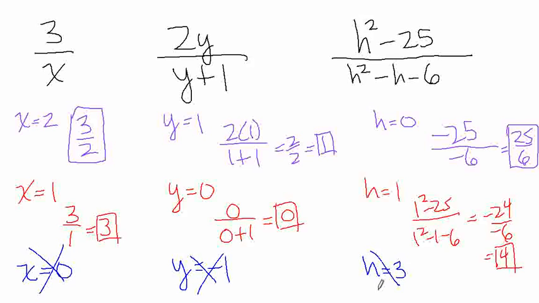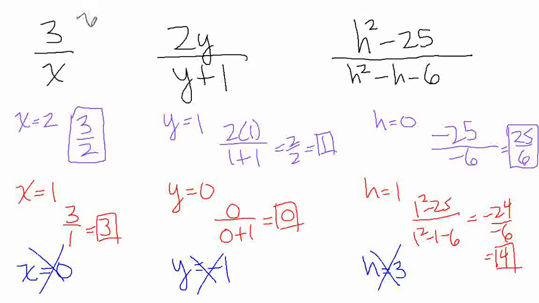Okay, it's for this reason that sometimes we ask the question, what are the values that we're allowed to replace the variable with in a rational expression? Okay, once you ask that question, you are asking for what's called the domain of a rational expression. Okay, so for the first example, you can plug in all values except for 0.